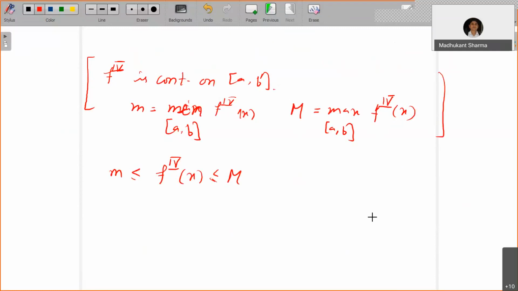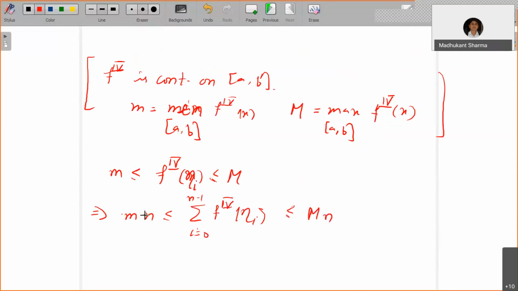Now, if instead of x you have eta_i, and you vary i from 0 to n, this implies m times n is less than or equal to summation i equals 0 to n minus 1 of f fourth derivative at eta_i, which is less than or equal to M times n.